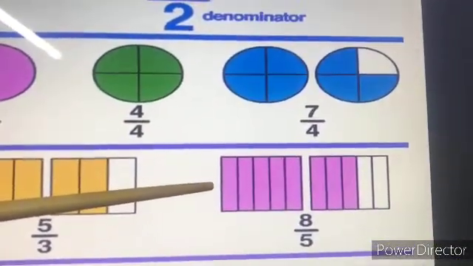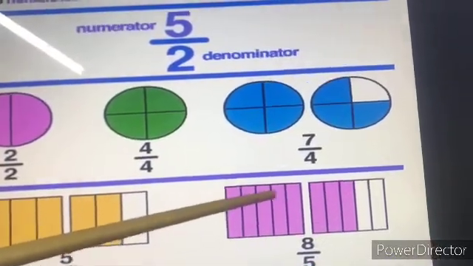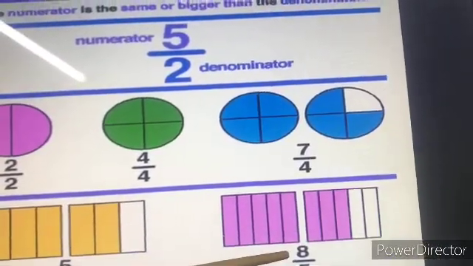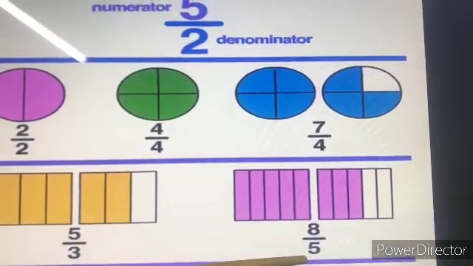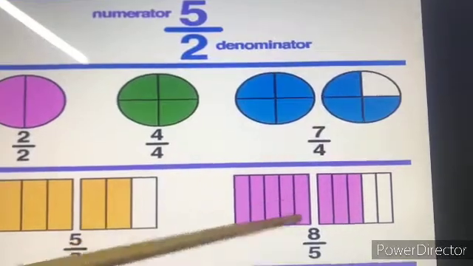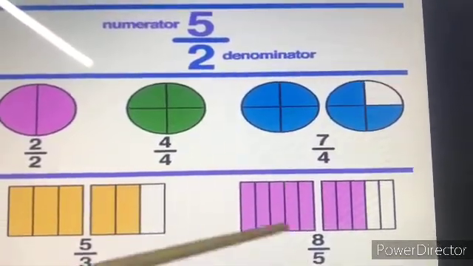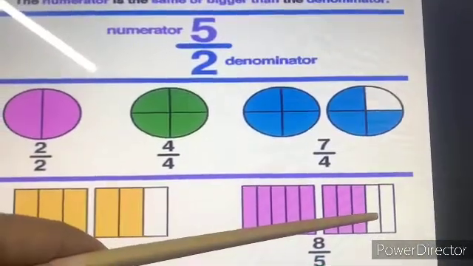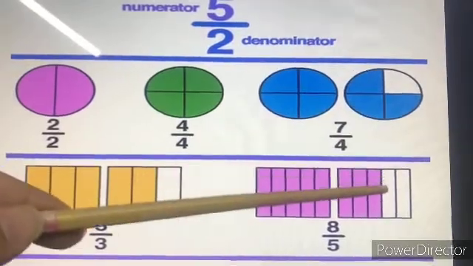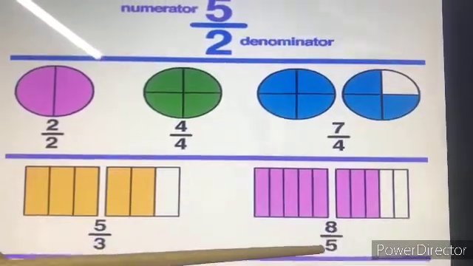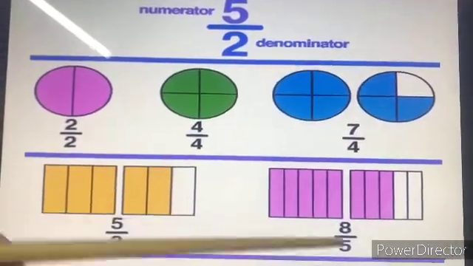This part is divided into how many parts? Yes, 1, 2, 3, 4 and 5. So I wrote here 5, means the denominator will be 5. But I took 8, means I cannot take 8 from 5. So I have another whole of 5 slices. So from where 5 plus 5 I have 10, but I will write denominator 5 because one whole part is divided into how many equal parts? 5.